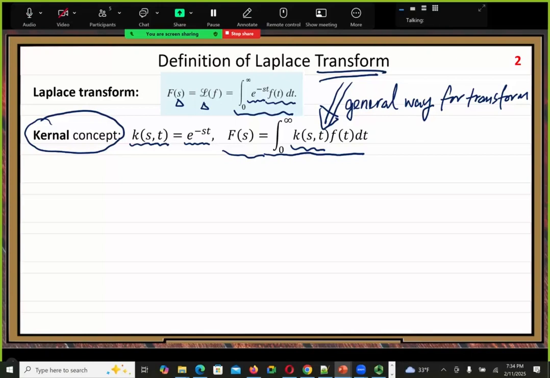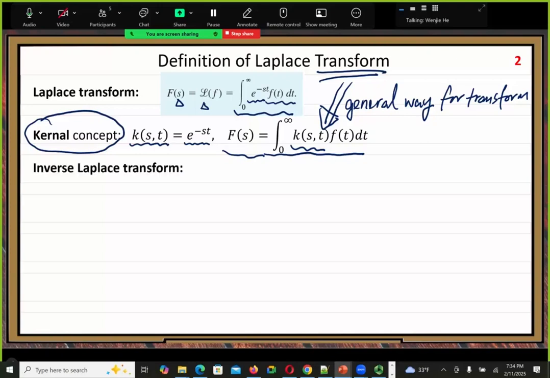People are only interested in transforms with excellent properties. The Laplace transform and Fourier transform have many simple and useful properties. If you choose a bad kernel, you get garbage, useless properties.